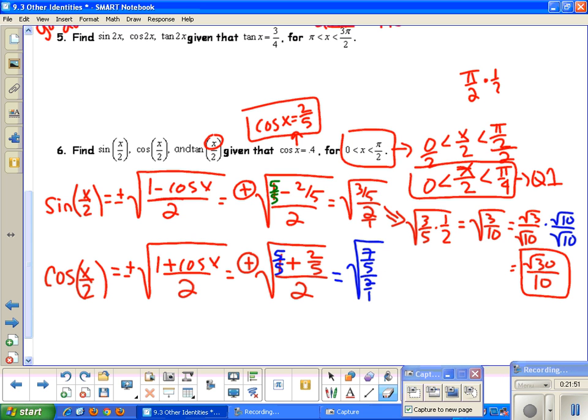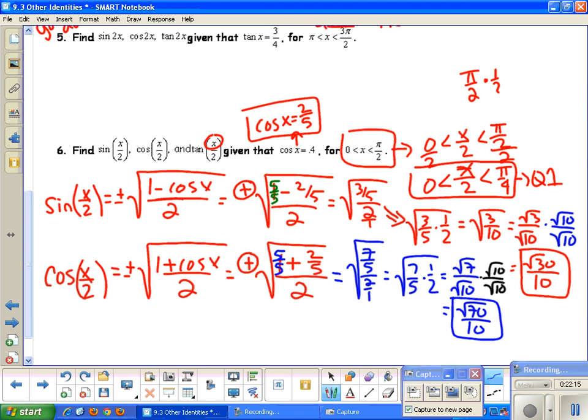which would then be equal to the square root of 7/5 times 1/2, which is root 7 over root 10. Rationalize the denominator. Root 10 times root 7 is root 70 all over 10.